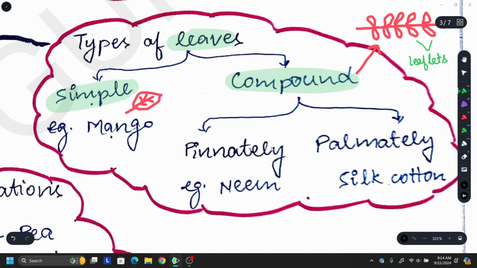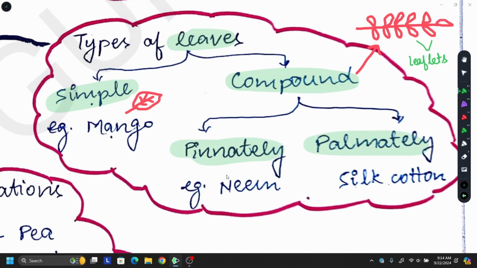There are two types of compound leaf: pinnately compound leaf and palmately compound leaf. In pinnately compound leaf, we have neem, and in palmately compound leaf, we have silk cotton. You already know how the leaf of neem looks. Silk cotton is a single plant, do not break it into two plants, silk and cotton.